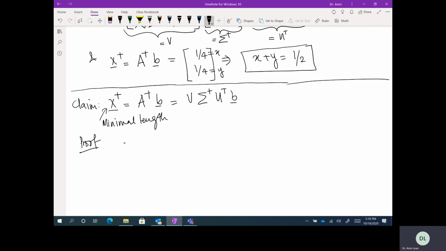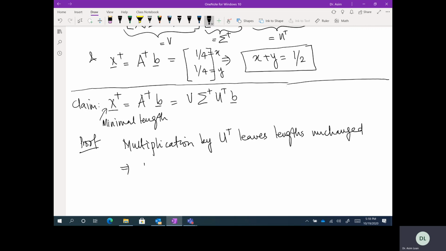We say multiplication by U transpose leaves lengths unchanged because U is a unitary matrix.